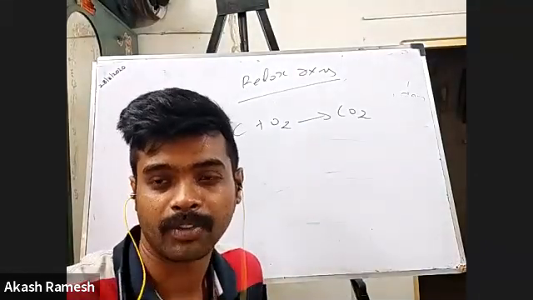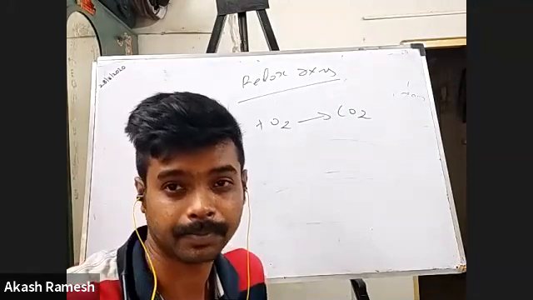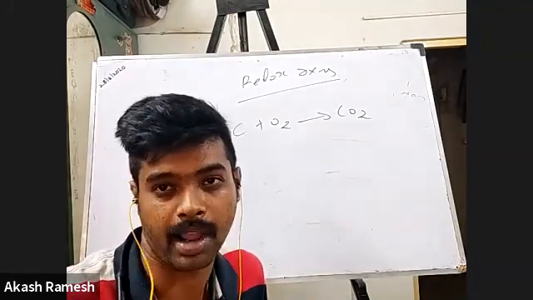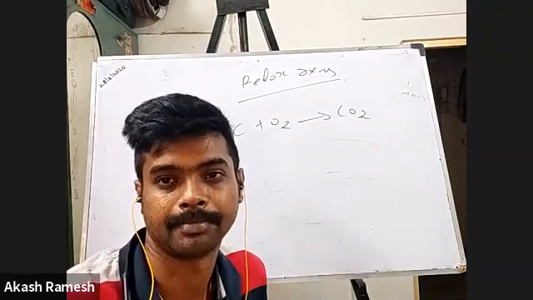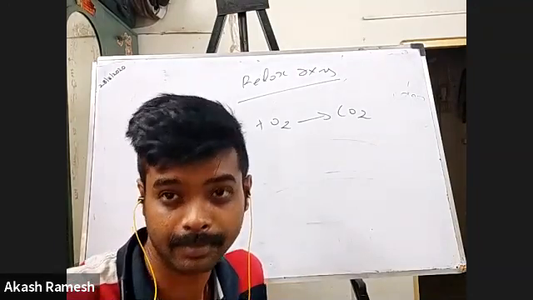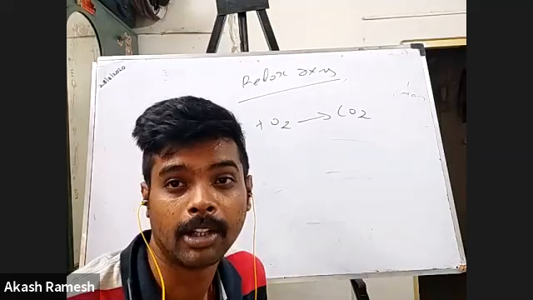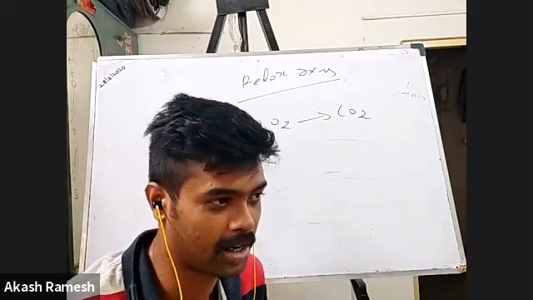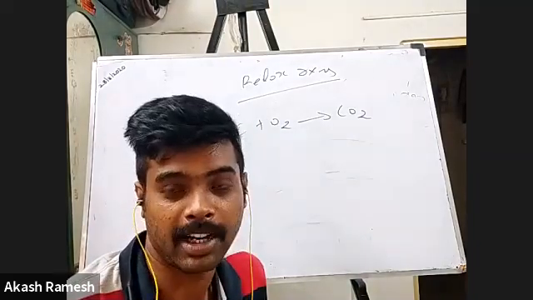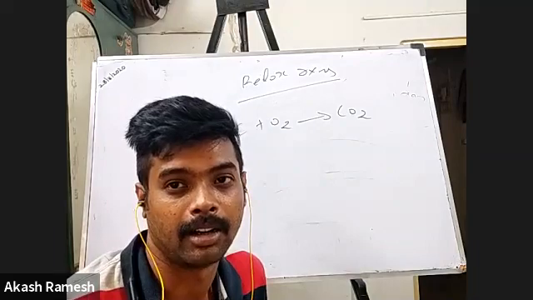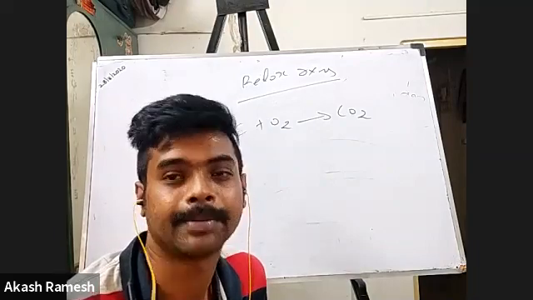Now tell me whether this reaction is an oxidation reaction or a reduction reaction. Oxidation. Okay, that's what we have been taught, isn't it? From our lower classes, we said that this particular reaction was an oxidation reaction. That's what we call it, right?